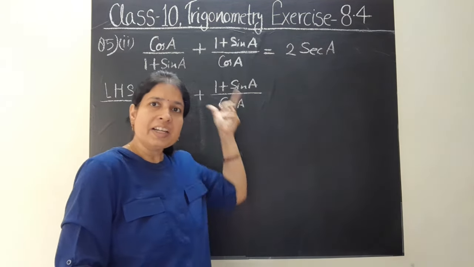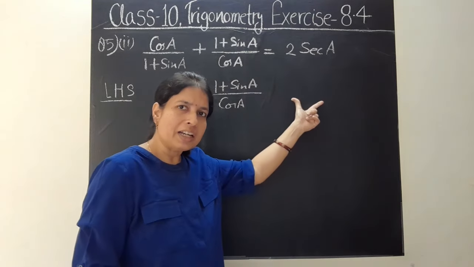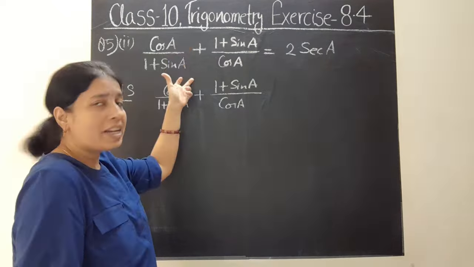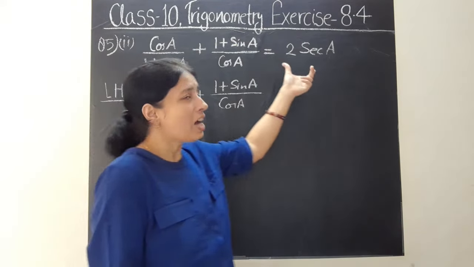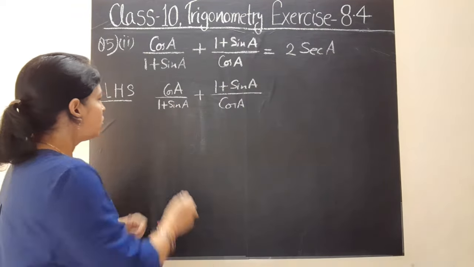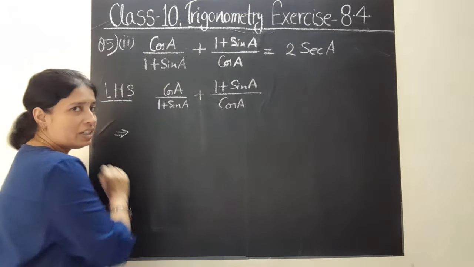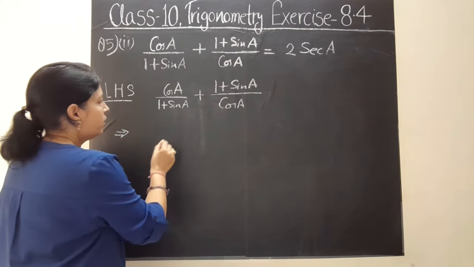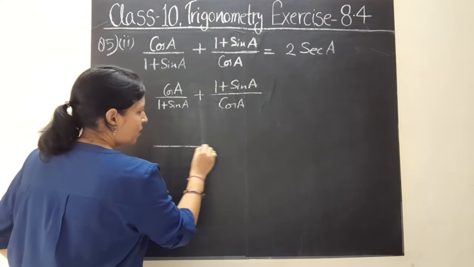First let us see what is given and what we have to get. In the LHS the equation is given in the form of cos A and sin A, and in the RHS we have to bring it in the form of sec A. So first we solve LHS and try to convert this in the form of sec A. So take LCM. What will be the LCM?